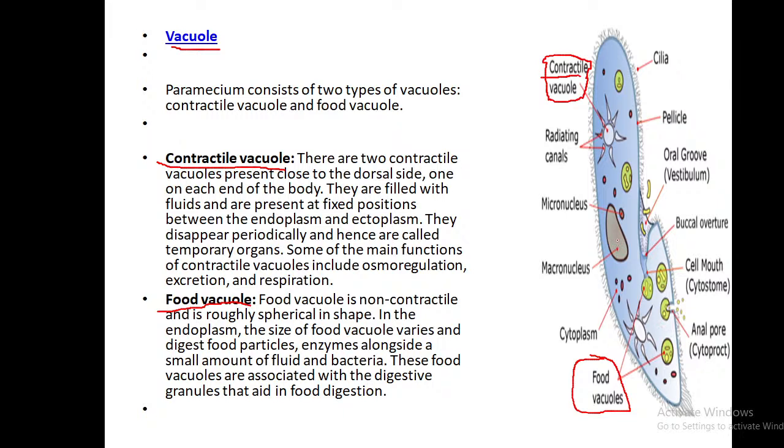Then the contractile vacuole, this is the dorsal side, and this is the ventral side.